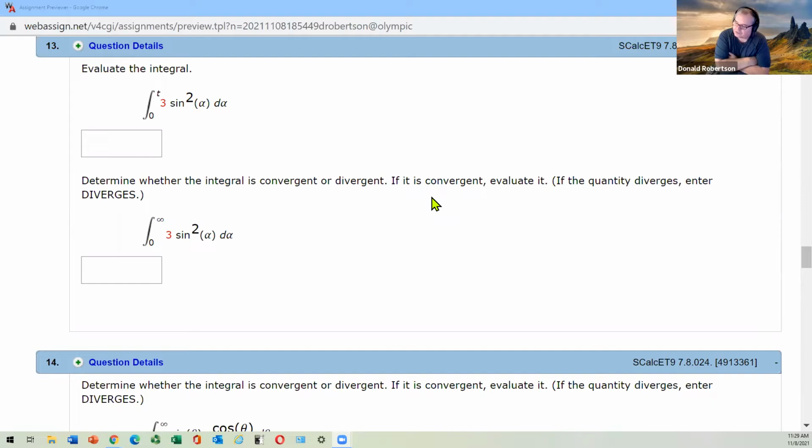Do you think that would converge if you went from 0 to infinity? No. In fact, won't sines and cosines and sine squares and cosine cubes and anything like that all diverge because they don't level off, right? They don't go down to 0.